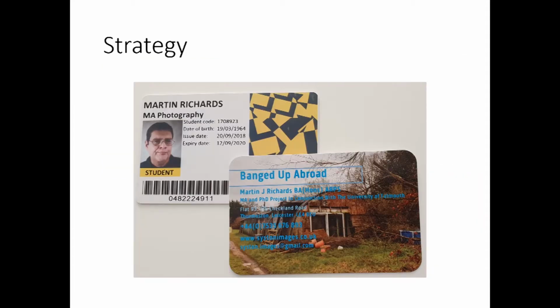A better idea, and what is now part of my main strategy, is a business card. In talking to the various landowners and people I meet on site, I'm not only able to show them my university ID card, but I'm also able to give them a business card that I've had printed for this particular project.